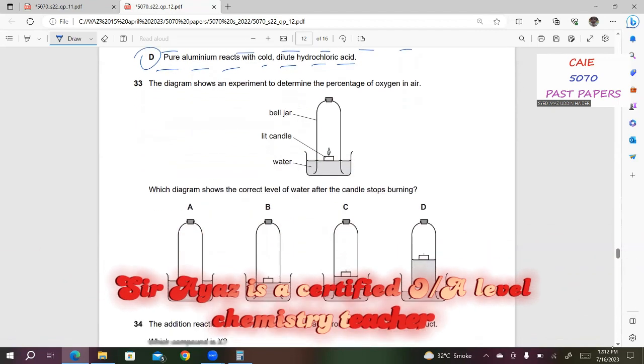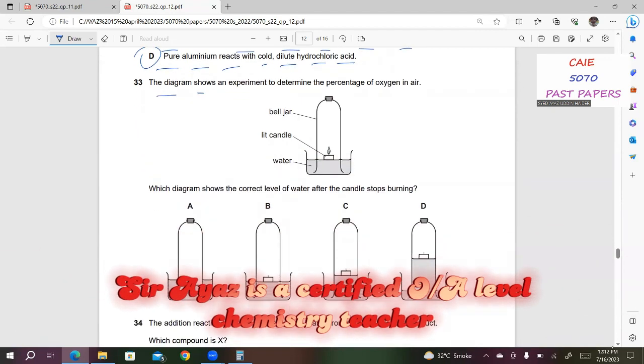33. The diagram shows an experiment to determine the percentage of oxygen in air. There is a bell jar, lit candle, and water. So definitely the candle is burning, it's reacting with oxygen. Candle is an organic compound, so it's reacting with oxygen.